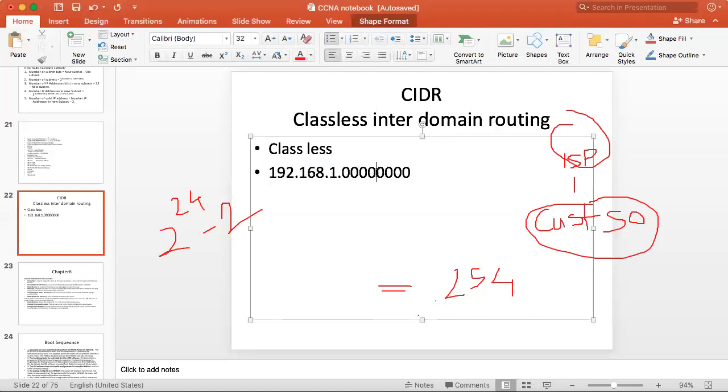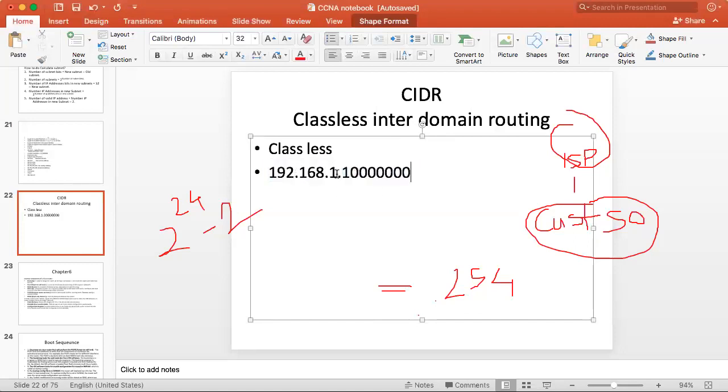What the service provider does is it plays with these host bits. It will turn one bit on from the host portion, left to right, right?